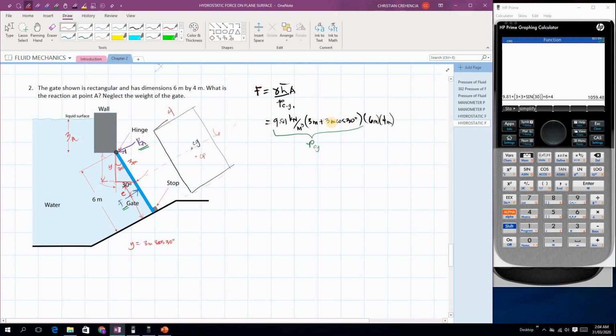Okay, so, of course, meter cube over meter cube, so cancel na lahat ng meters natin. So, makukuha nating force, 9.81 times 3 plus 3 cosine 30, then times 6 times 4.